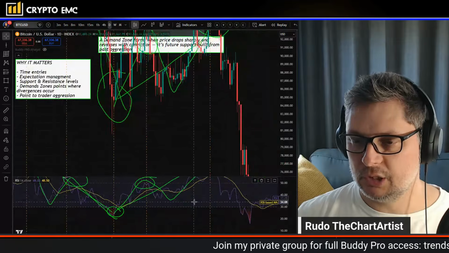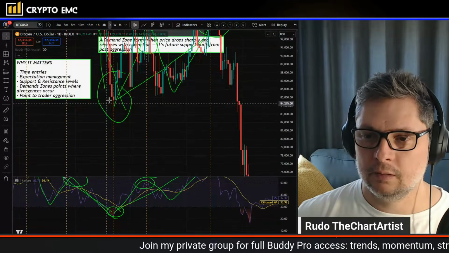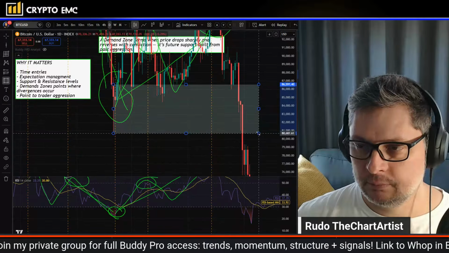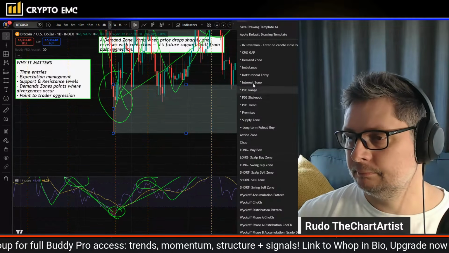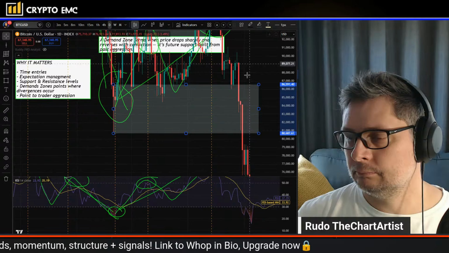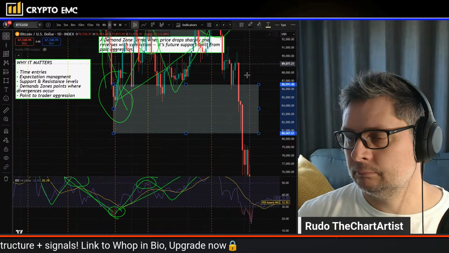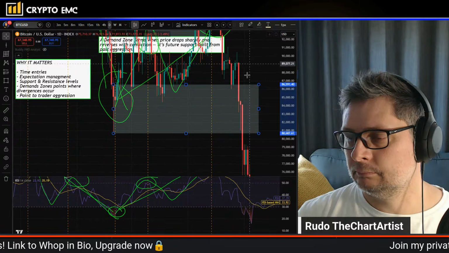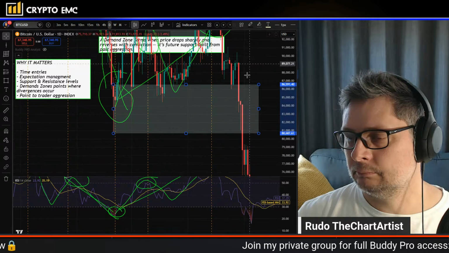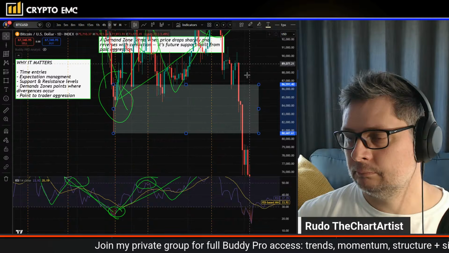RSI is now a little skewed, okay? This was a demand zone.